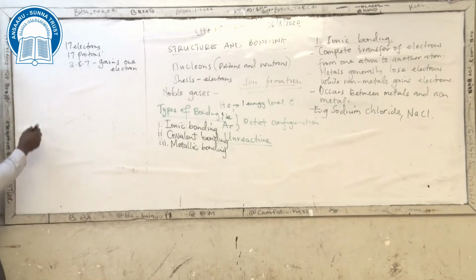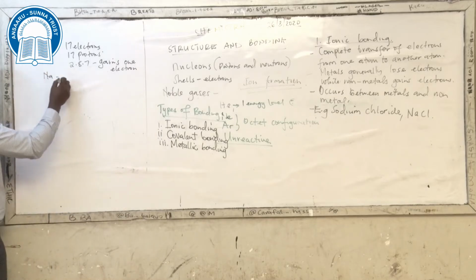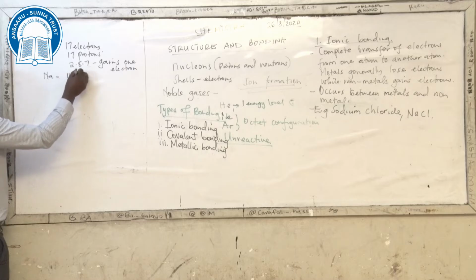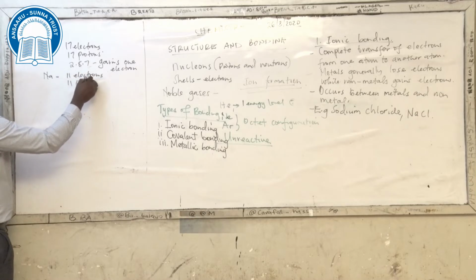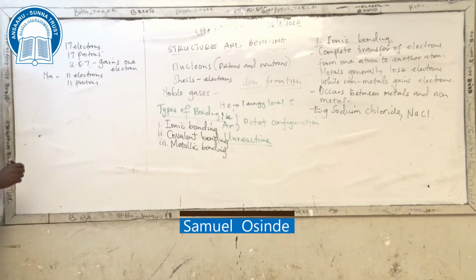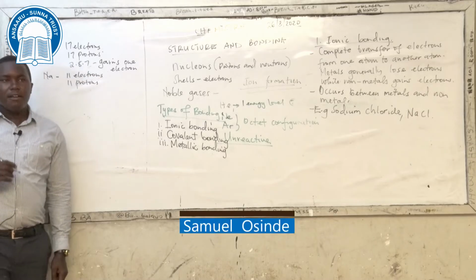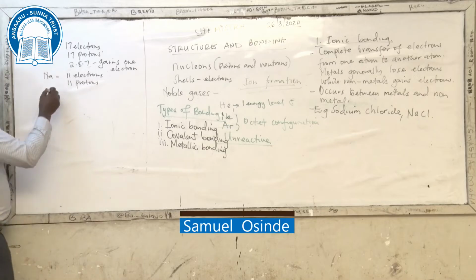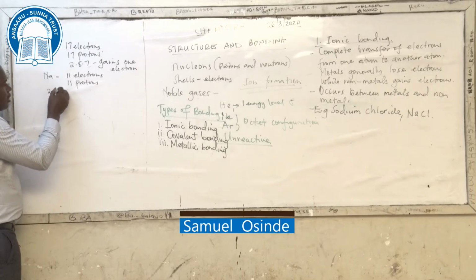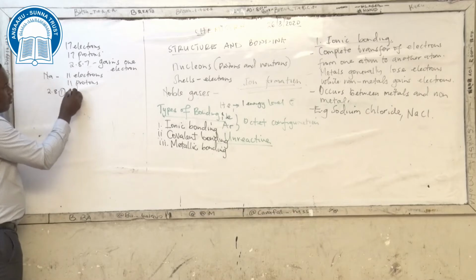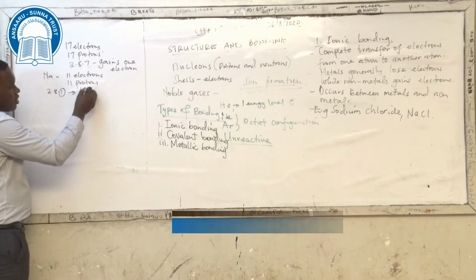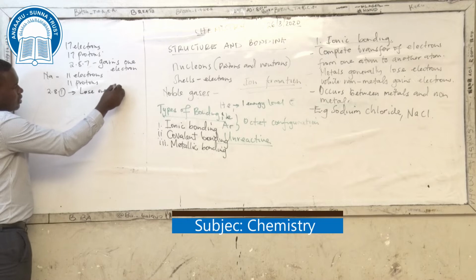Let's look at sodium. Sodium has 11 electrons and 11 protons. And therefore, the electron arrangement of sodium is 2, 8, 1. So a sodium atom, for it to form ion or to react, needs to lose one electron.